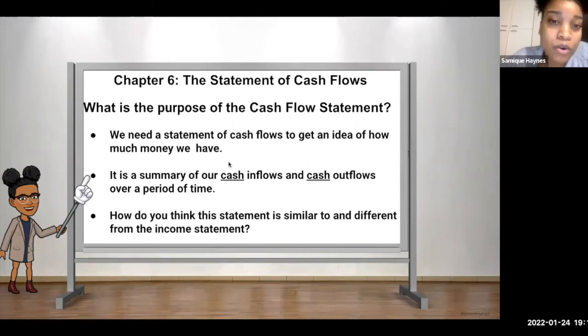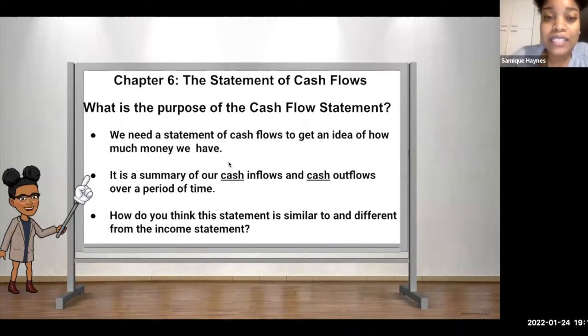Exactly. Now, does the income statement, let's be more specific, revenues, does it matter when we receive cash for us to recognize something as a revenue? No. Does it matter when we spend cash for us to recognize something as an expense? Exactly. So when we think of revenues and expenses, we're thinking of the income statement, and we don't care about cash flow.